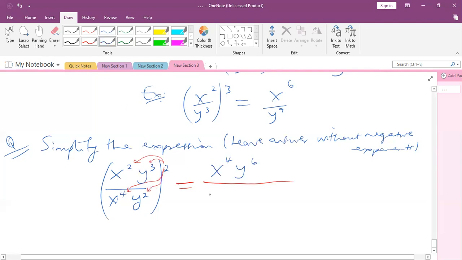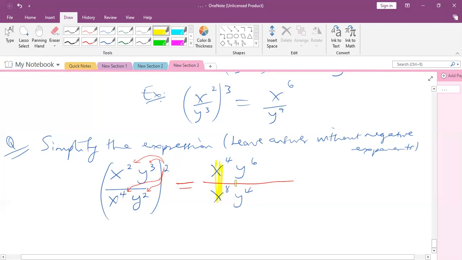So I'll end up with x to the power 8 here, and then 2 times 2, y to the power 4. Okay, is this the end? No, I can go further. You have to keep going till you have only one base of each. I'm dividing here.